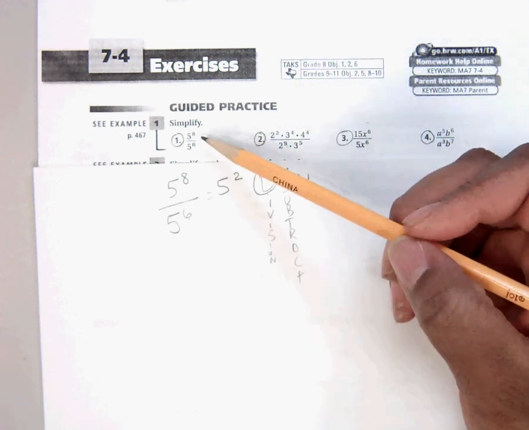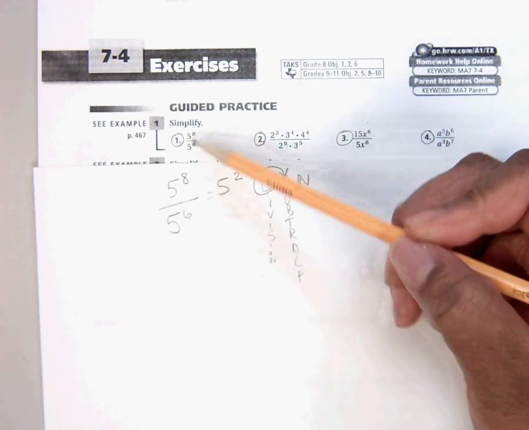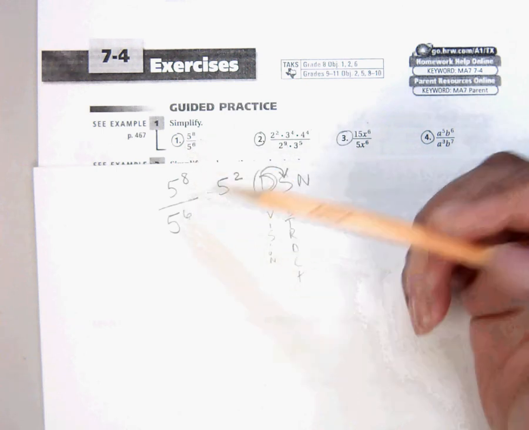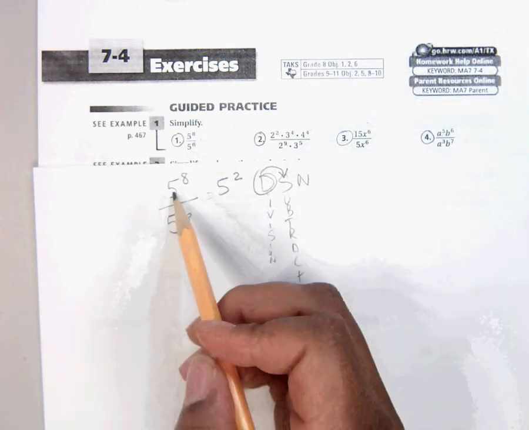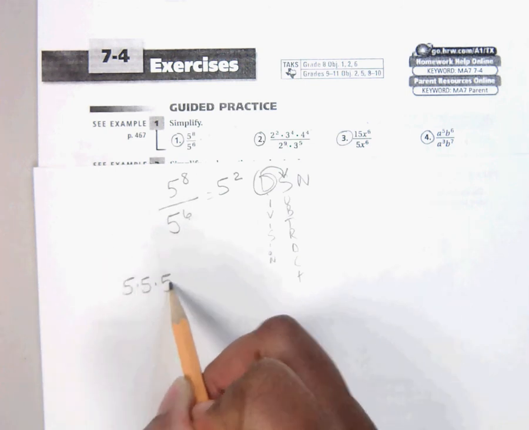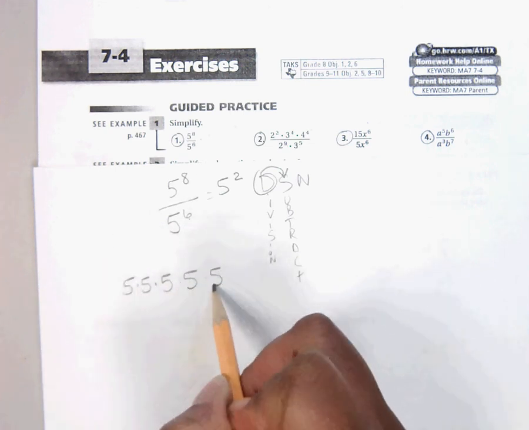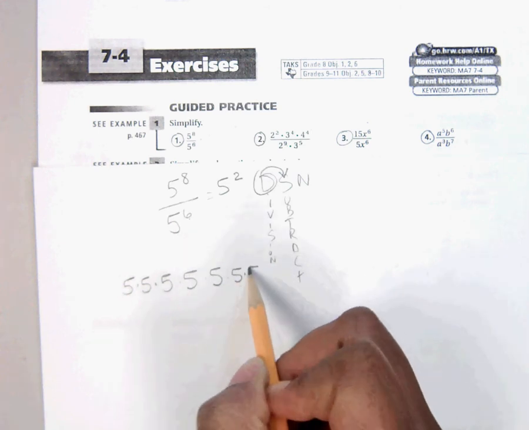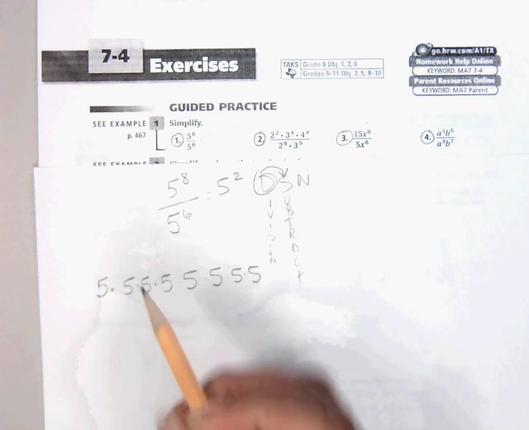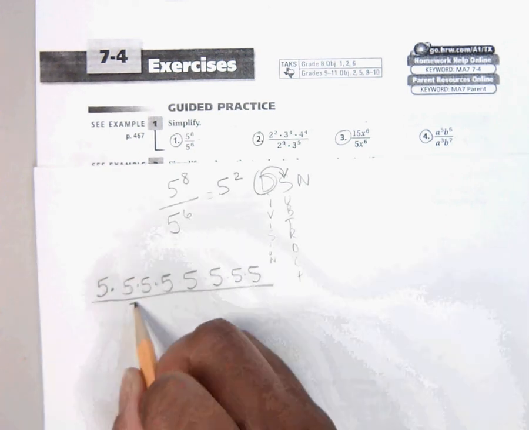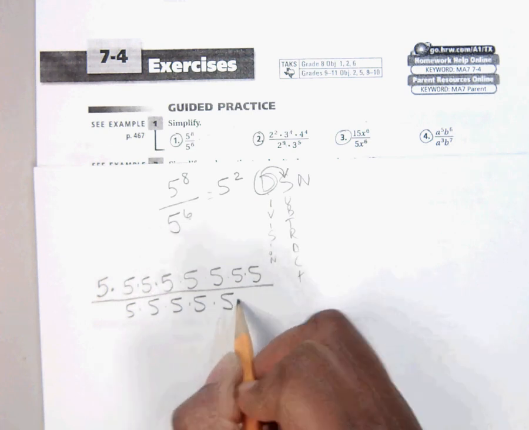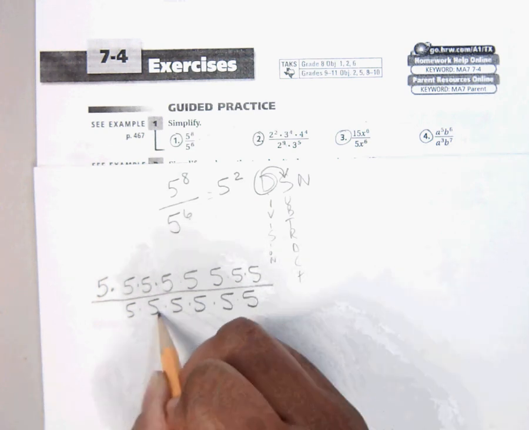A lot of people think that 5 to the 8th is 40, and that 5 to the 6th is 30, but that's not what it is. 5 to the 8th is really 5 times 5 times 5 times 5 times 5 times 5 times 5 times 5, 8 fives, all over 5 times 5 times 5 times 5 times 5 times 5, 6 fives.